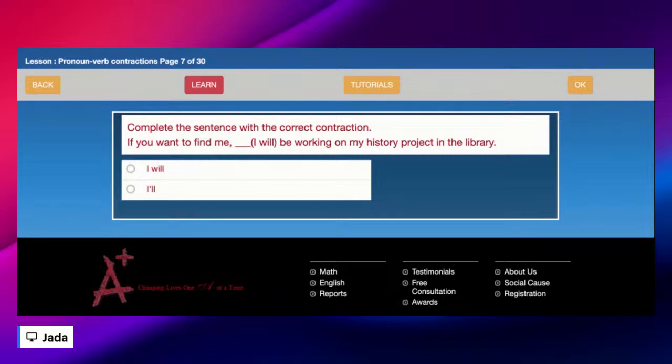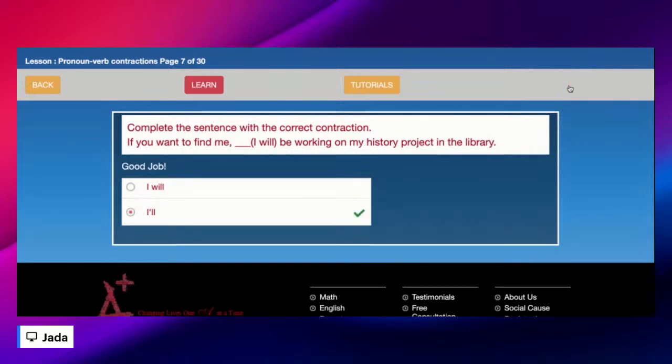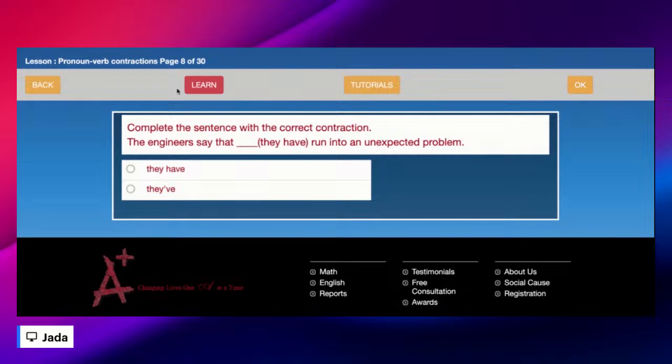So what's your answer here? Okay, so option 2 as well. The engineers say that dash run into an unexpected problem.